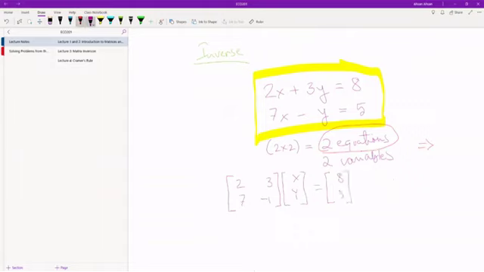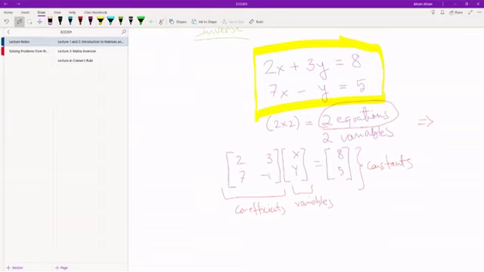What we have done is this is all the coefficients. This right here is all the variables. And this obviously is what we have on the other side, the constants.